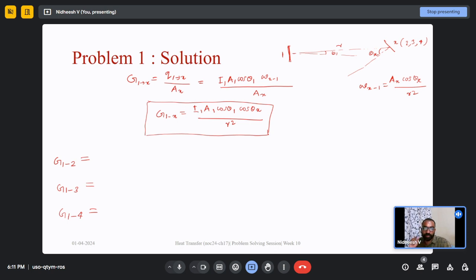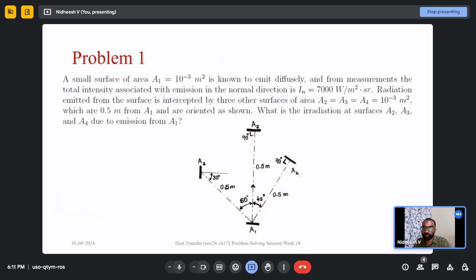In all these cases, do we know I1? I1 is 7000 watt per meter square steradian, the emission in the normal direction, right?